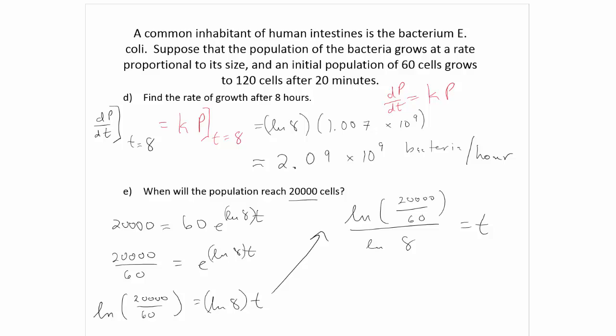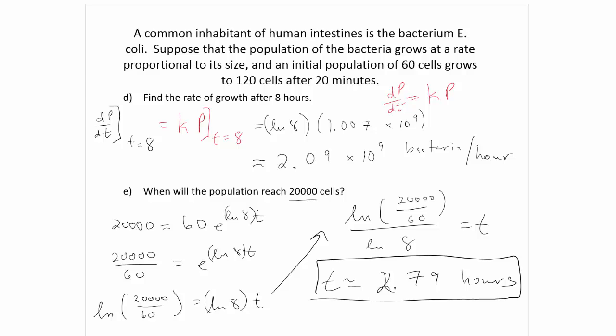And this is a calculator exercise now, and we approximate it, and we find t is approximately 2.79, and the units on that would be hours. So there's an example of exponential growth, writing a model, and using a little bit of calculus with it.